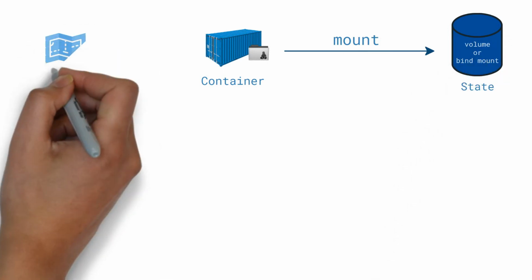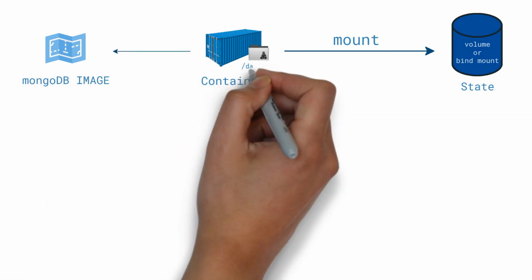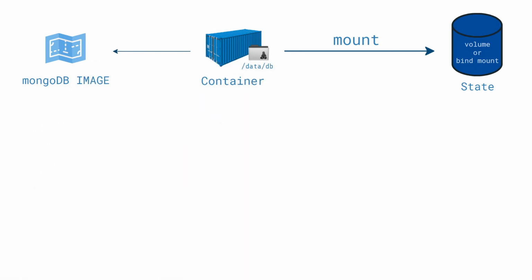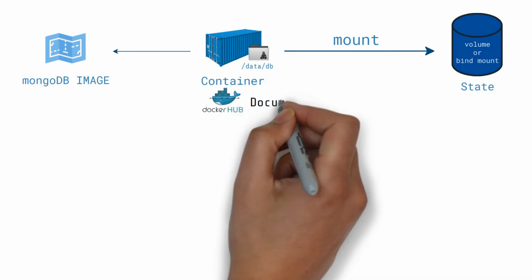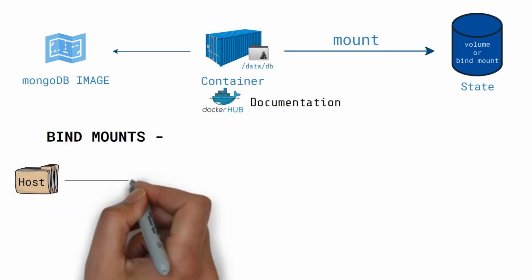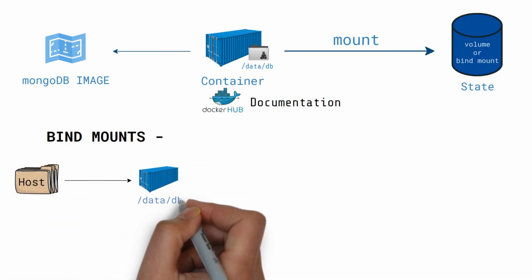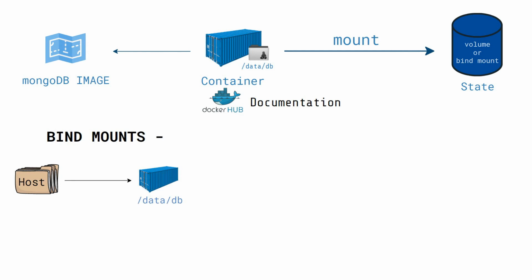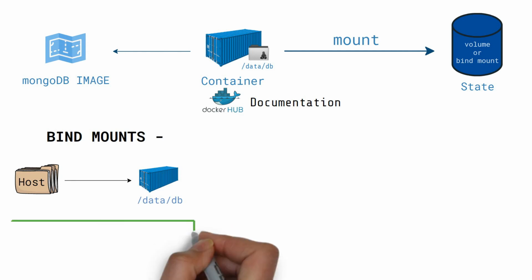For the Mongo image, this is the /data/db directory as specified in its Docker Hub documentation. To use bind mounts, we specify the path on the host machine to be mapped to the /data/db directory inside the container.